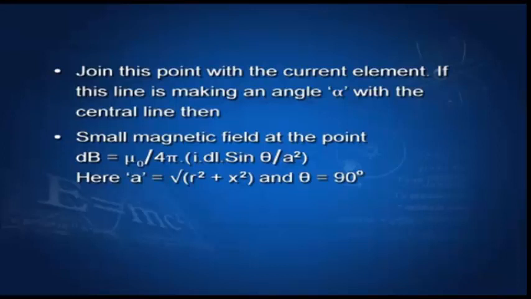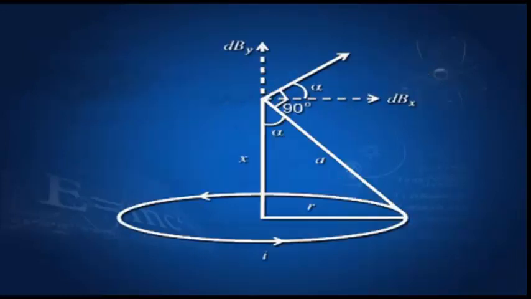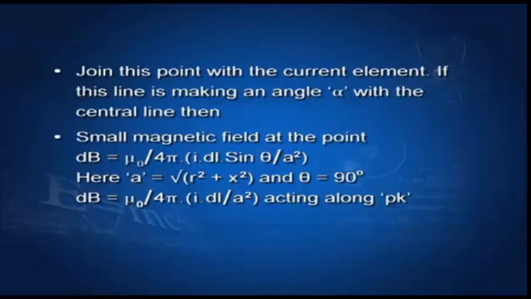Here a is equal to under the root r square plus x square, and theta is equal to 90 degrees because the current element is tangential to the line joining the point P with the current element. So substituting the values of sine theta, we get dB equals mu naught upon 4 pi, I dl divided by a square. This magnetic field is acting along the direction PK.